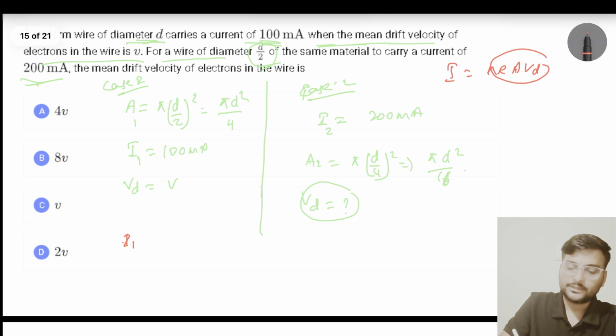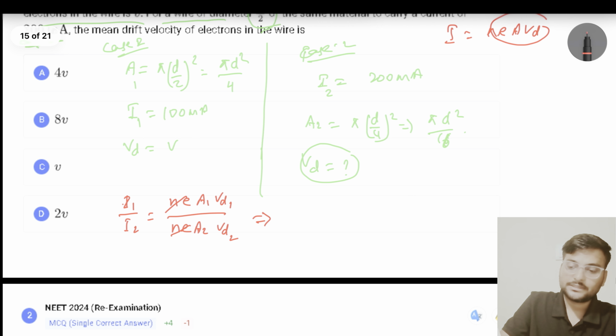So we can say I1 by I2 is NEA1 VD1 by NEA2 VD2. So VD1 and VD2 cancel out, and we have 100 by 200 equal to pi d square by 4 into V, and pi d square by 16 into VD. We have to find VD2. So this is 1 by 2, and pi d square cancels out, this becomes 4. When you solve this, VD2 is equal to 8V. So it is 8 times, so option B is the correct one.